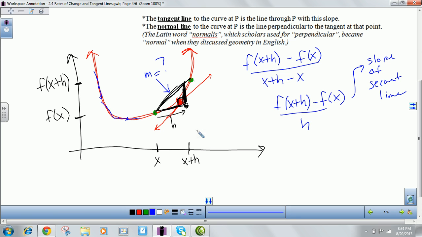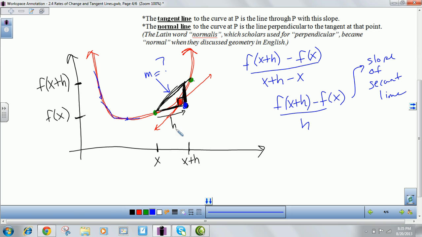Now remember, we don't want the slope of the secant line. We want the slope exactly at this point, because we don't have those 2 points. We don't have 2 different x values here to work with. We only have one x value and one y value to work with.